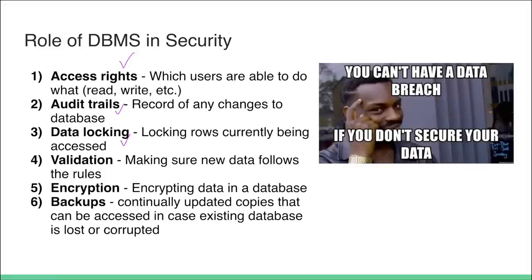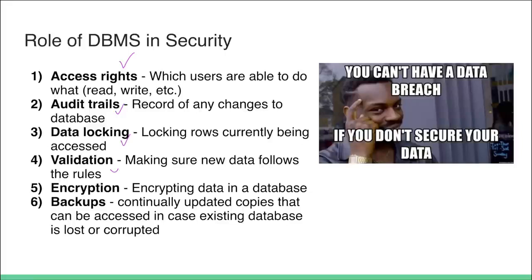Now, this means that a row that's currently being changed is locked and cannot be accessed. So while that isn't security in the traditional sense, this just means that data is being preserved, right? So it's not necessarily that we're securing it from a bad actor, but we're just making sure that everything is the way it should be. And the same thing goes for validation. Validation just makes sure that new data follows the rules, so it makes sure that data follows the correct data type and length.